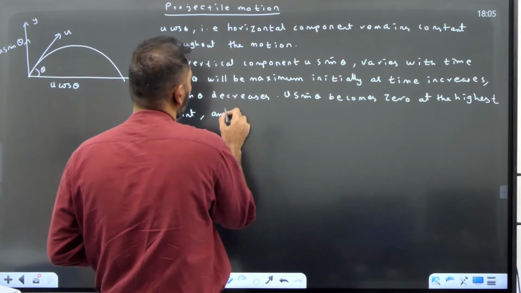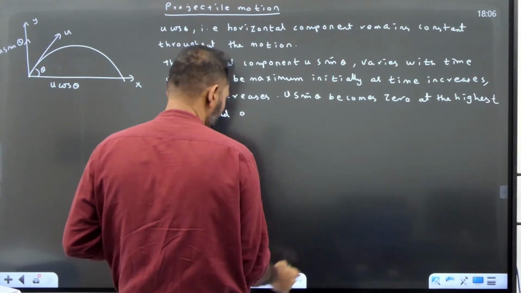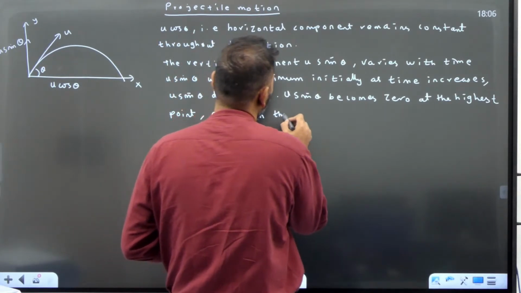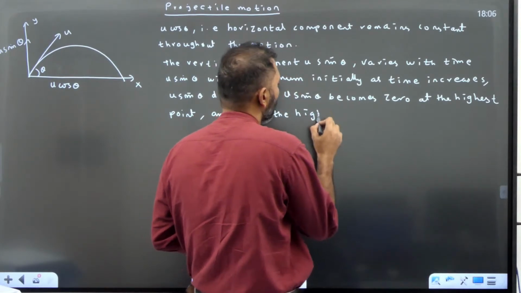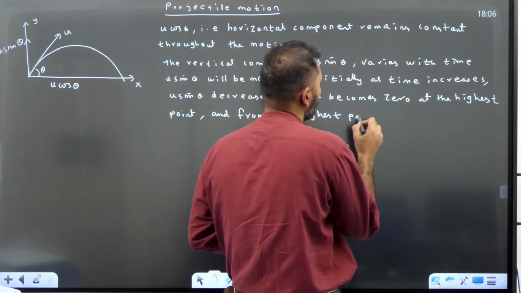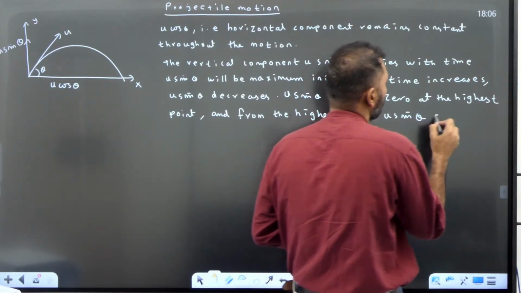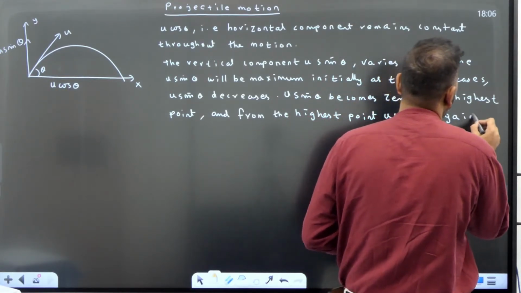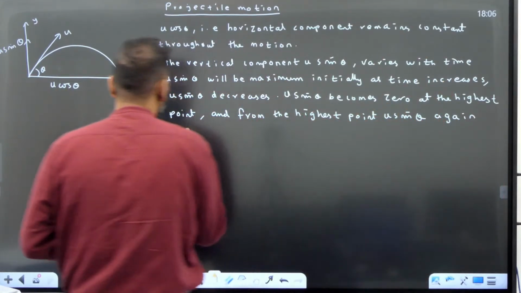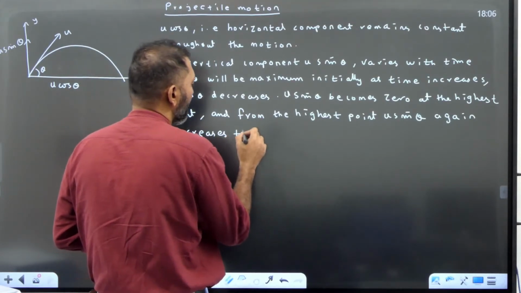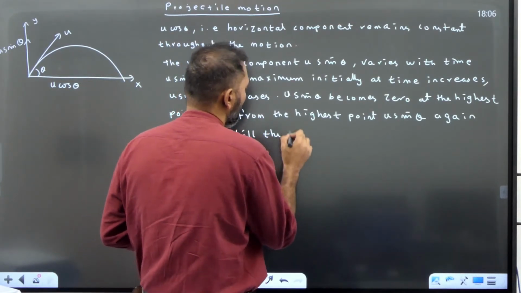And from there, from the highest point, U sin theta again increases till the projectile hits the ground.